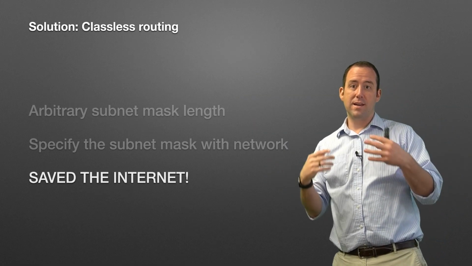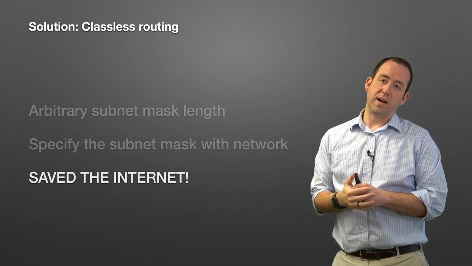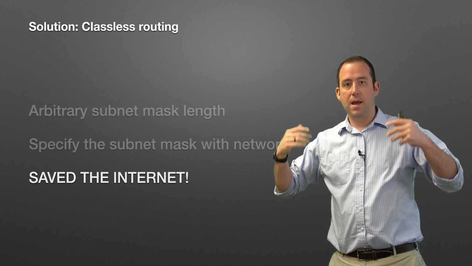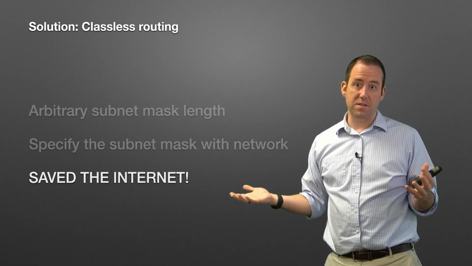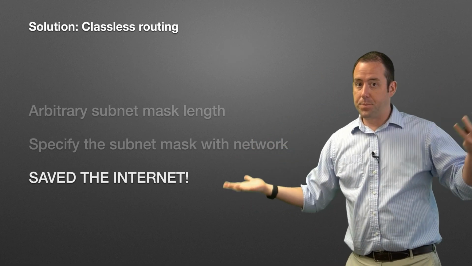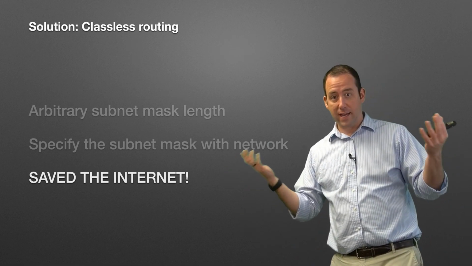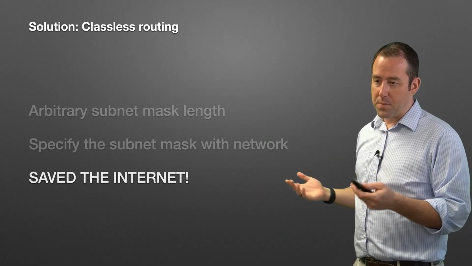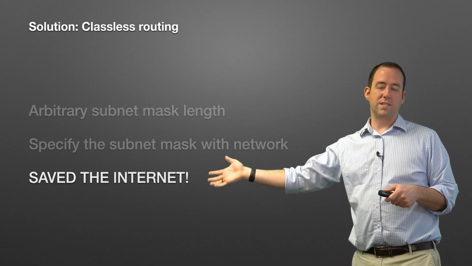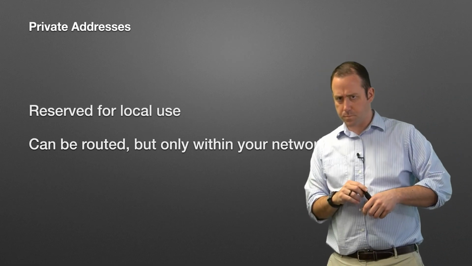This is what made it possible for us to have millions or billions of devices on the networks and on the internet. Because before classless routing, we couldn't. We were limited and we were out of addresses because you can't just hand out 16 million addresses to one company. It's too many. And it meant other people couldn't use them. So we split it. We saved the internet with classless routing. That's the first time we saved the internet today.